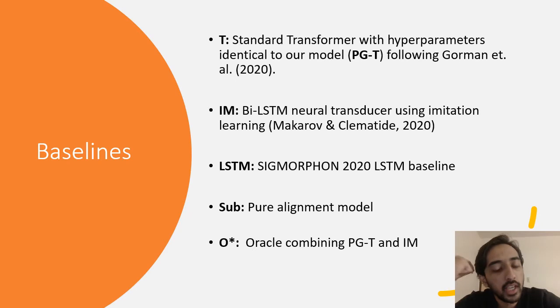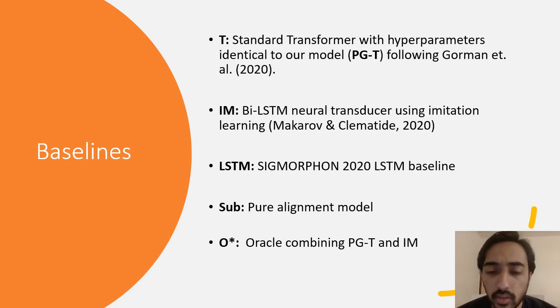We then have the IM model, which is a bi-LSTM neural transducer that uses imitation learning to learn edit actions, and where it finds commonality with our model is that one of the actions, among insertion and deletion, is substitution, which is the same substitution that we learn with our alignment dictionary.